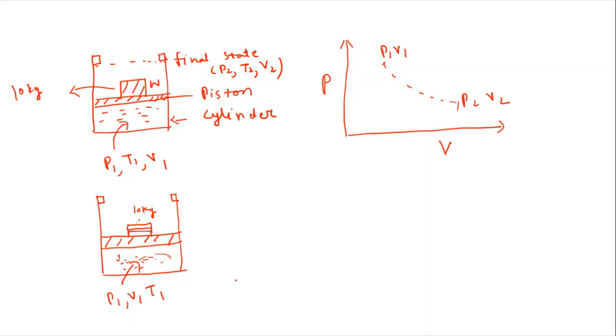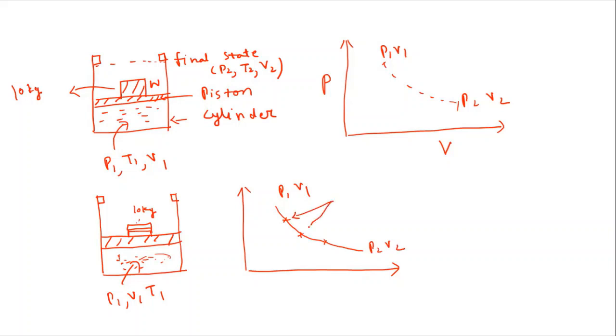Now we will remove these 100 gram weights one by one. As we remove 100 grams, the process becomes reversible, and each and every state will be an equilibrium condition. The initial state is P1 and V1. As you remove 100 grams, it goes like this, and as you remove another 100 grams, it goes like this, and like this you reach the final position, which has P2 and V2.